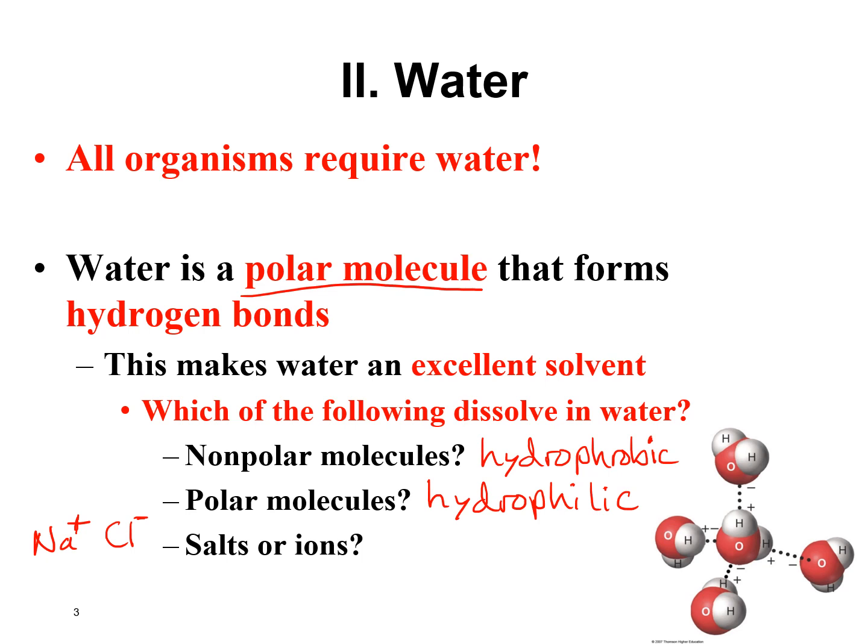But when you throw the sodium chloride into water, the water is very attracted to the full charges on the sodium and the chloride ions. And so they will surround them and separate them and dissolve that ionic bond. And so the salt will dissolve in the water. So the ions will be hydrophilic, and they will also mix very well with the water. Okay, so that would be good to remember which ones are hydrophobic and which ones are hydrophilic.